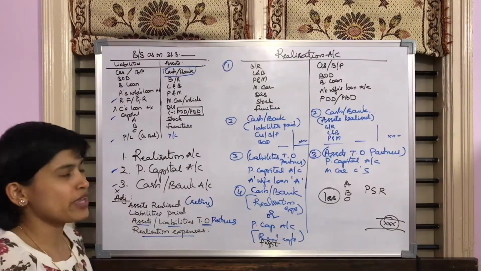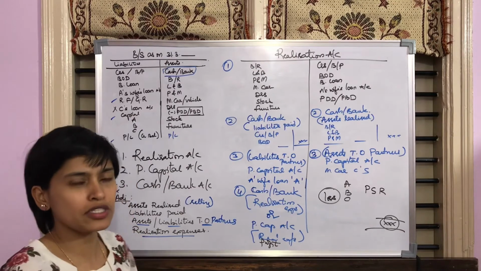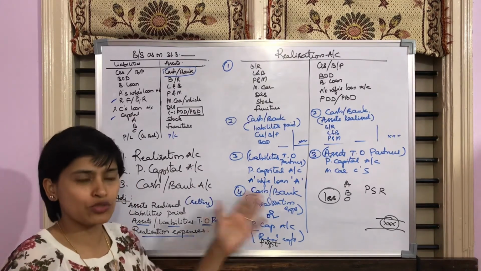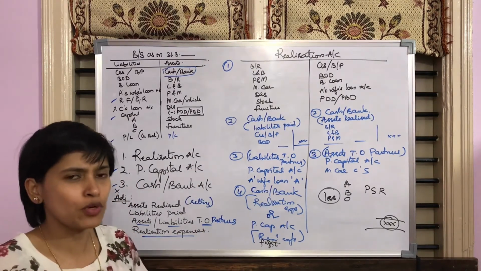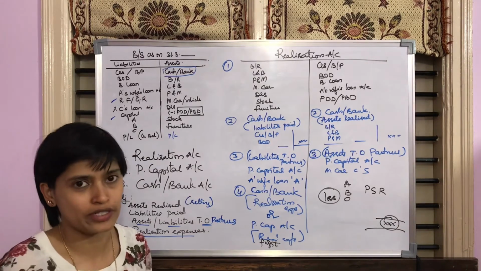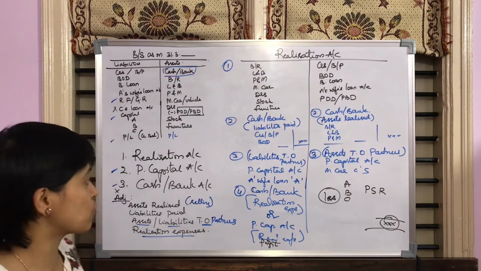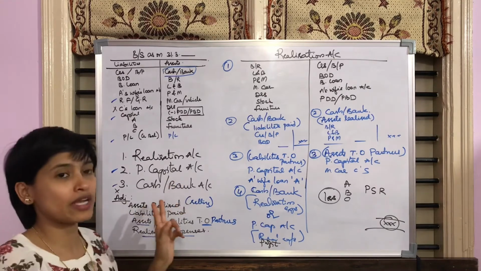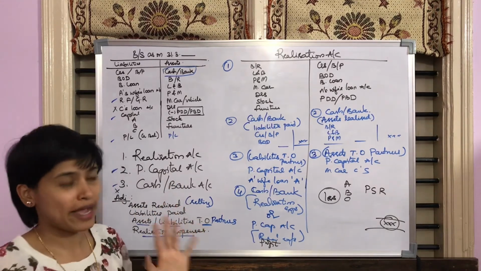Now students, we have discussed the important steps while working out the realization account. There are a few more things that you need to make a note of, which will be posted now in partners' capital account as well as in cash or bank account.